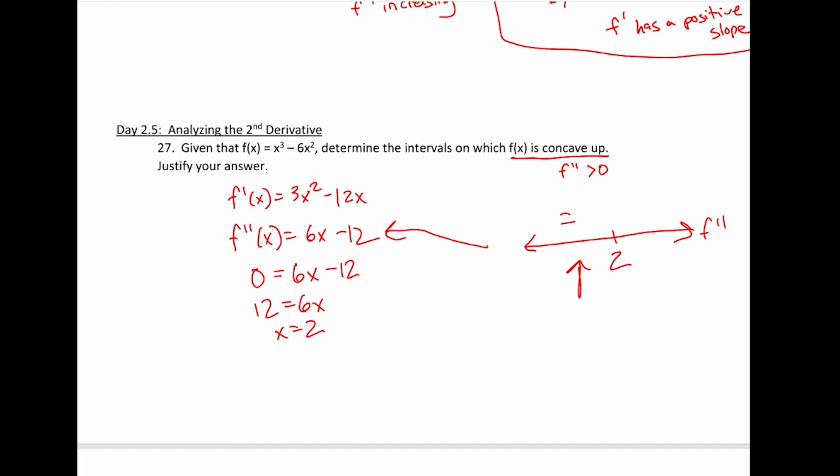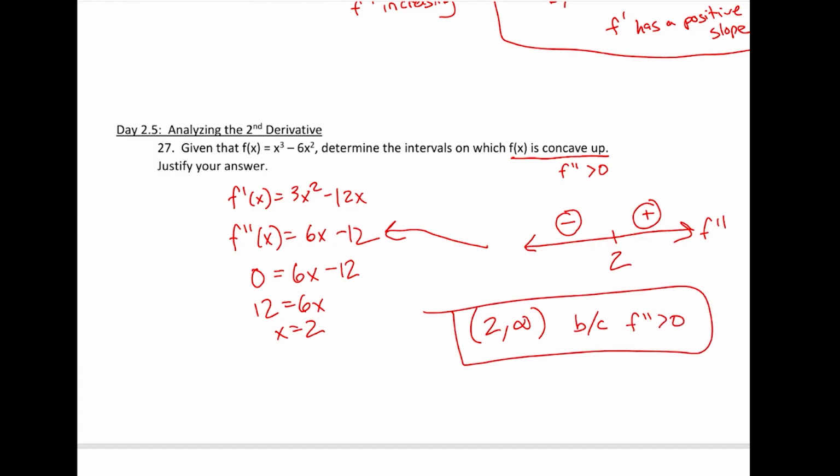So I know f double prime is negative in that interval. And then if I plug in a number like 10, 6 times 10 minus 12 is going to be positive. So I know f double prime is positive here. And since f double prime is positive between 2 and infinity, that means that between 2 and infinity, f is concave up. Okay, so that's our interval, and the reason is because f double prime is positive on that interval.